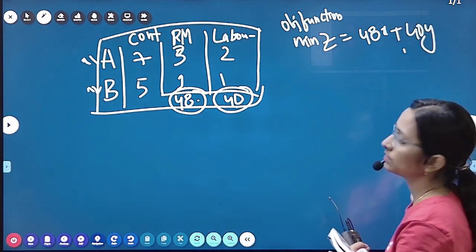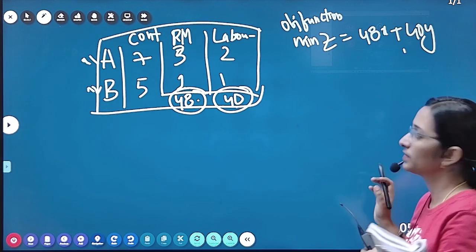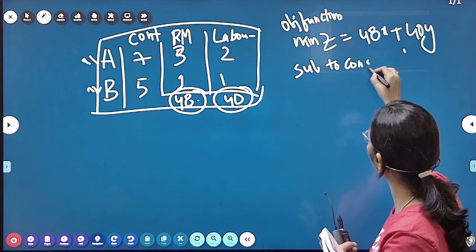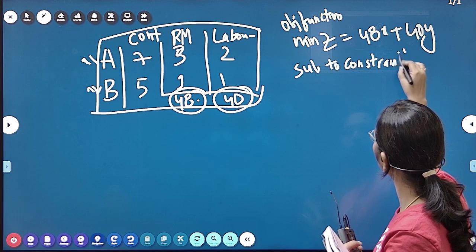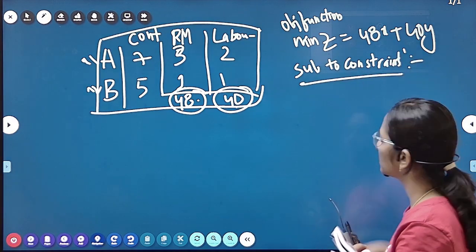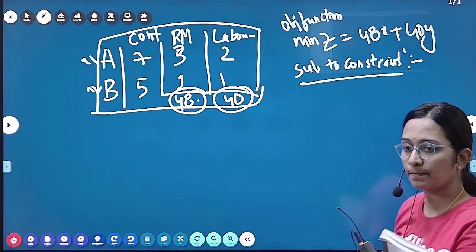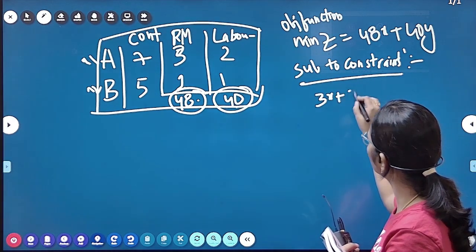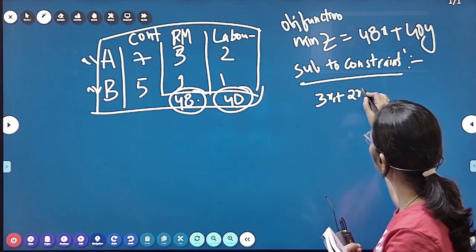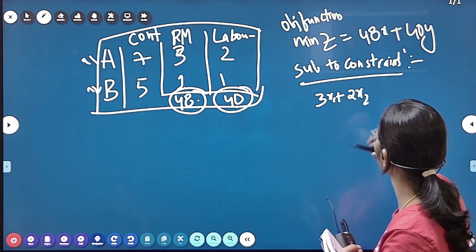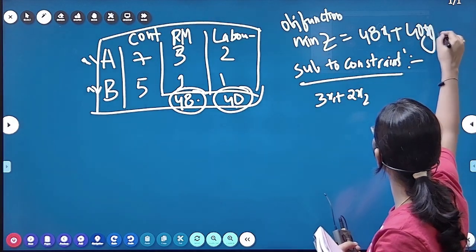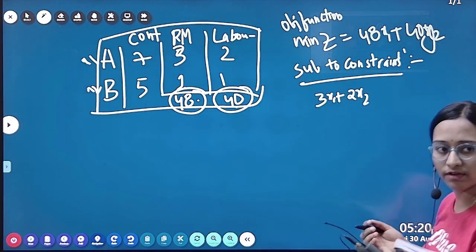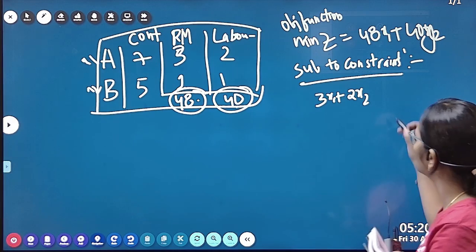Next, tell me subject to constraints. 3x plus 2y, or 3x1, x2. This one also we will take as x1, x2 only. In your question they have taken y1, y2, we can also take like that, not an issue.